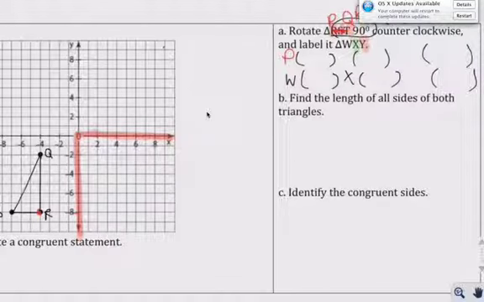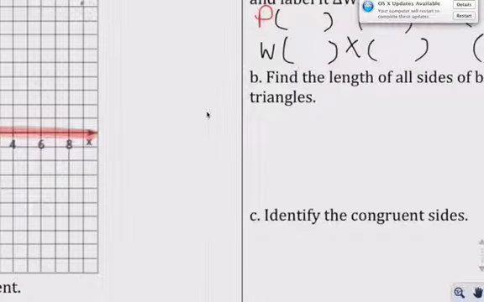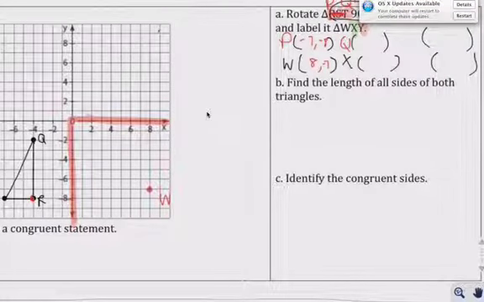P is negative 7, negative 8. So it'll be 8, and actually negative 7. Right there. Put that negative sign there. Put that W. Q is negative 4, negative 2.